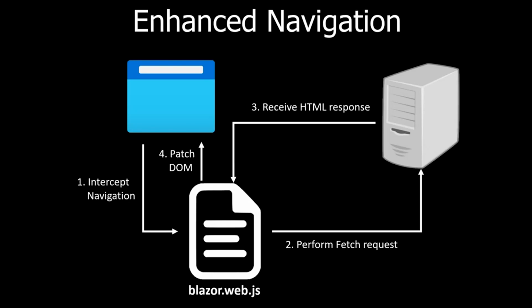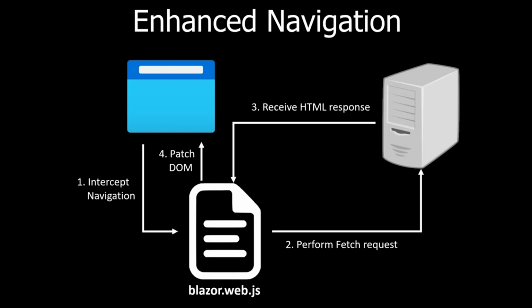And of course, the fetch API is supported by all browsers now. So it performs a fetch request. It receives some HTML back from the server, and then it actually does a differencing algorithm and it's able to patch the DOM based on the differences in the HTML it receives.